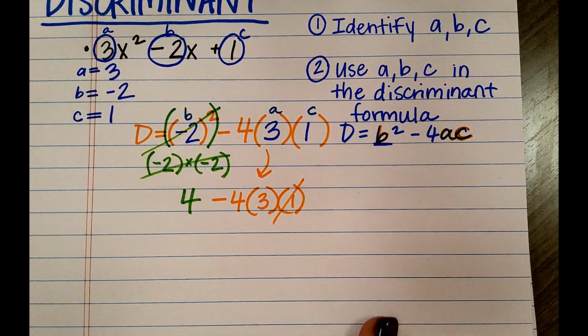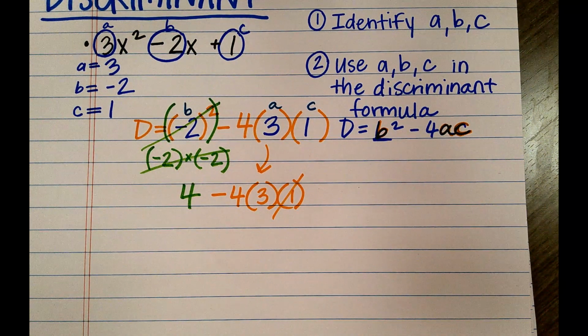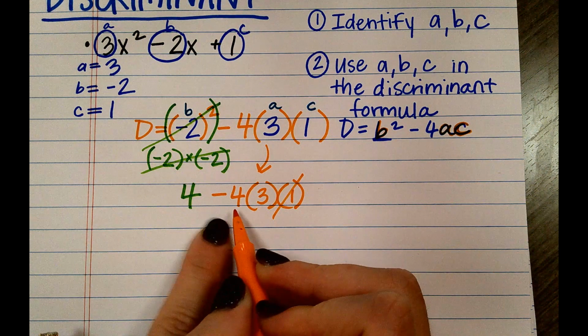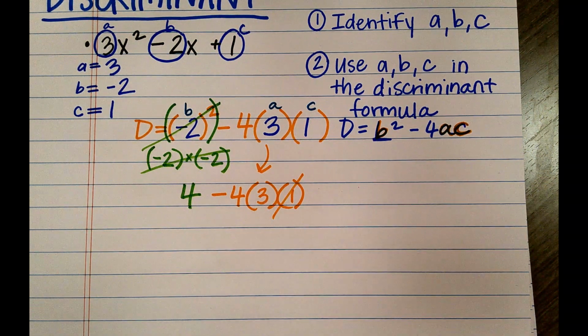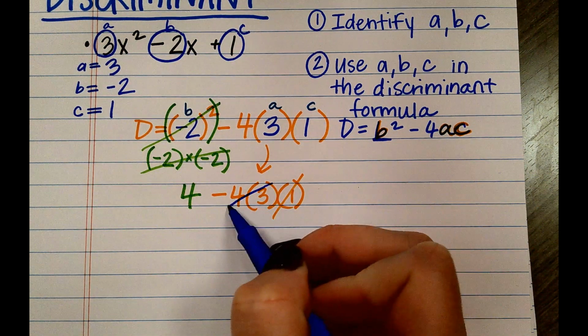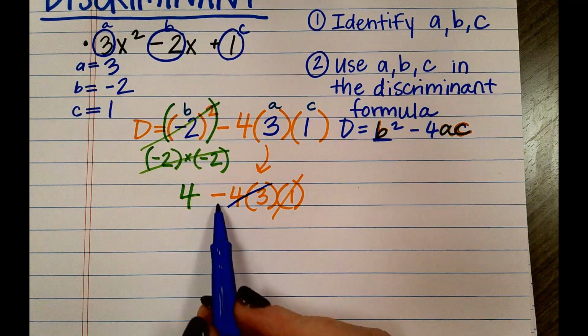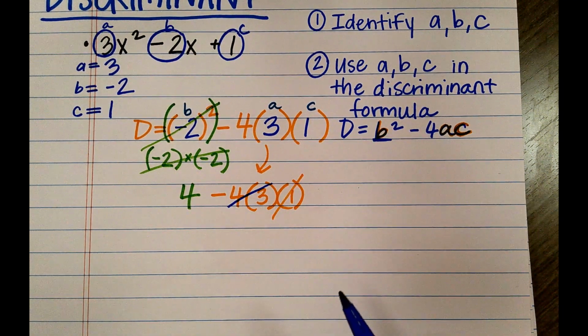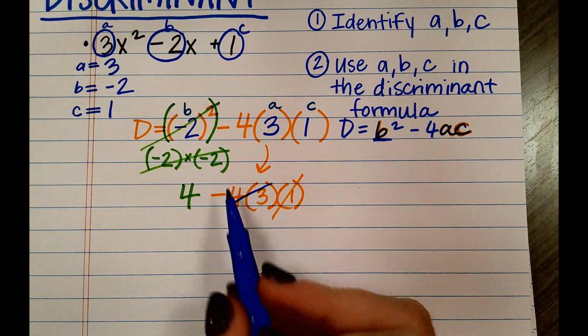Now, do I have any more multiplication or division? 4 times 3. Good. So, 4 times 3 is 12. Would it be -12 or regular 12? Yes, -12. You can either think of it as -4 times 3 is -12, or you can say 4 times 3 is 12 and bring down the minus.